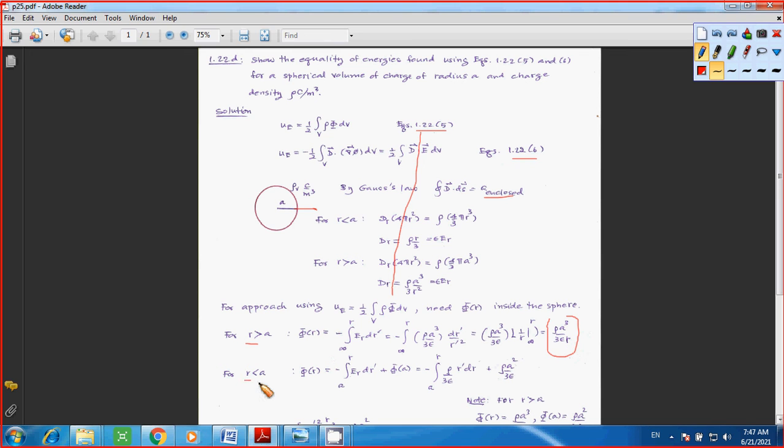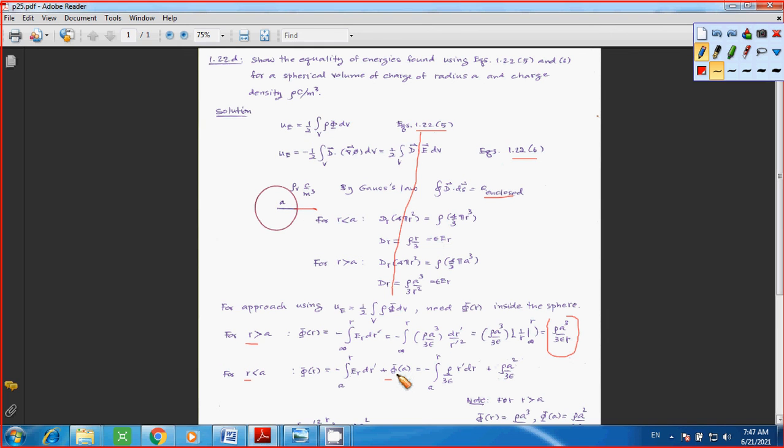Now for r less than a, you integrate from a to r, but you need to add phi(a) because you have the potential also at the surface. For phi at infinity, your potential is equal to 0, so you don't have this term there. But for r less than a, you need to take phi(a) into account.